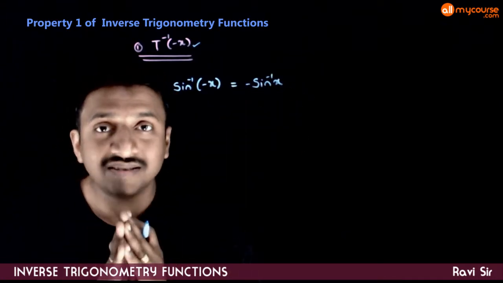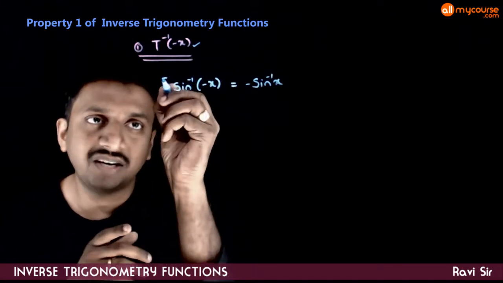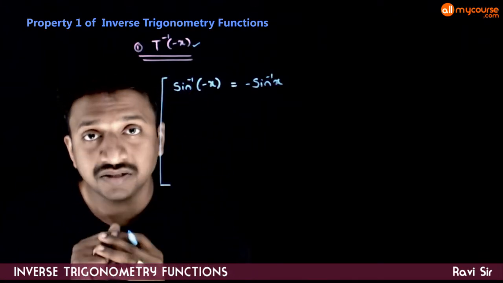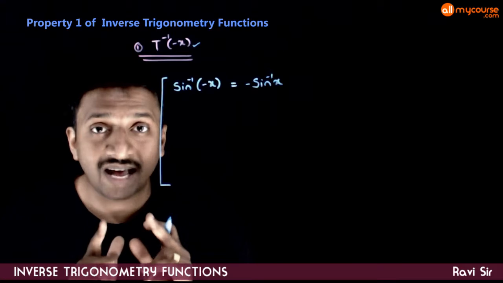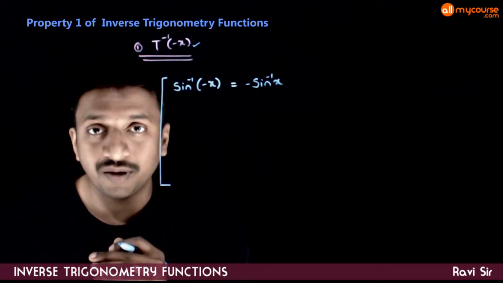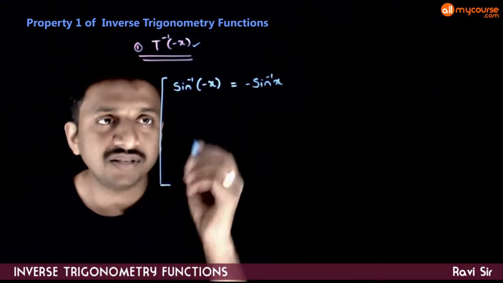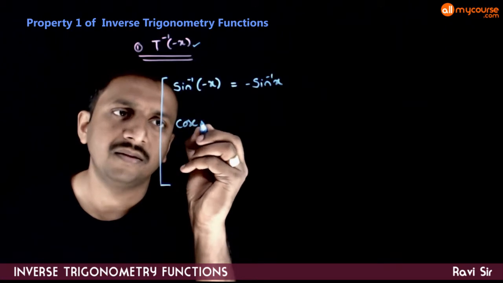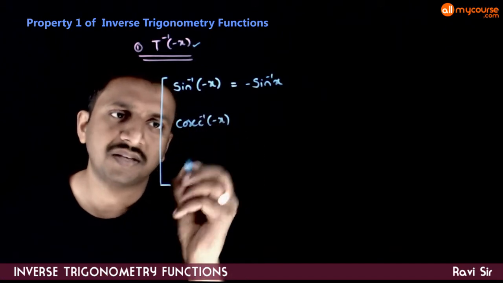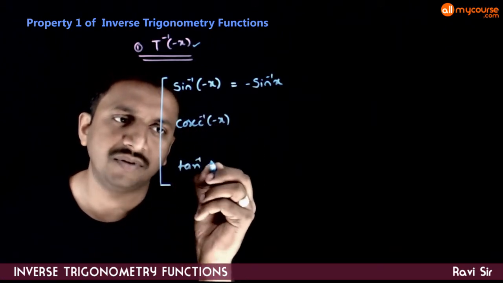We have already seen that there are three inverse trigonometric functions whose ranges are related to minus pi by 2 to pi by 2: sine inverse, cosecant inverse, and tan inverse.